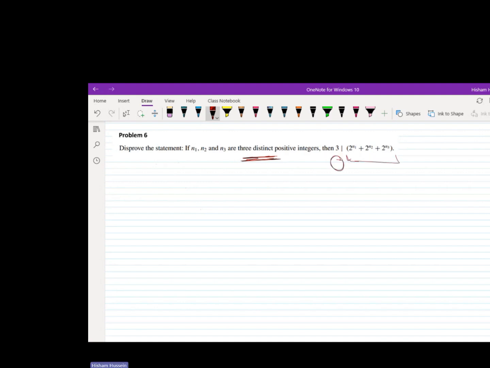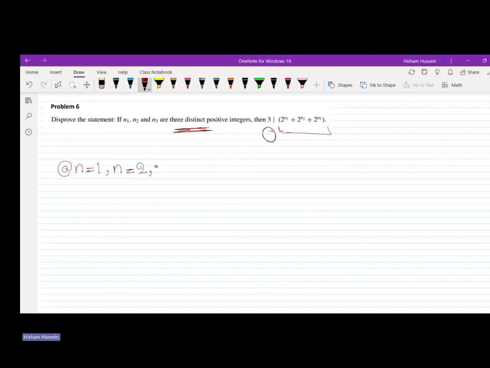So start with n1 equals 1, n2 equals 2, and n3 equals 3. Substitute 2 to the power 1 plus 2 to the power 2 plus 2 to the power 3. It's 2 plus 4 plus 8, which is 6 plus 8. 6 plus 8 is 14, which is not divisible by 3.